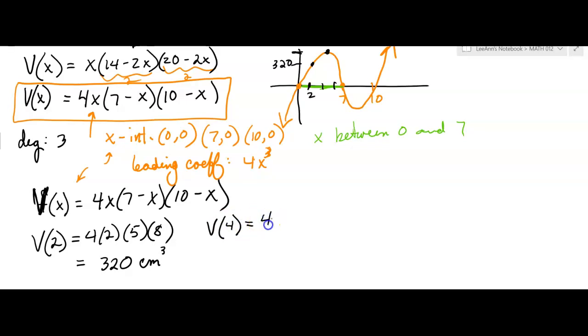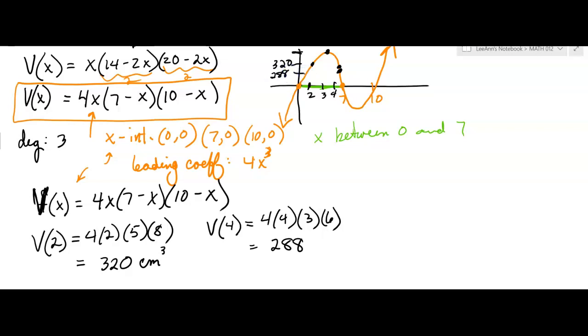You'd have 4 times 4 times 3 times 6, and that multiplied out to be 288. So it looks like it's going down at 4. My graph is off, so let's say that's 3, and that's 4. Now it's down here lower at 288.